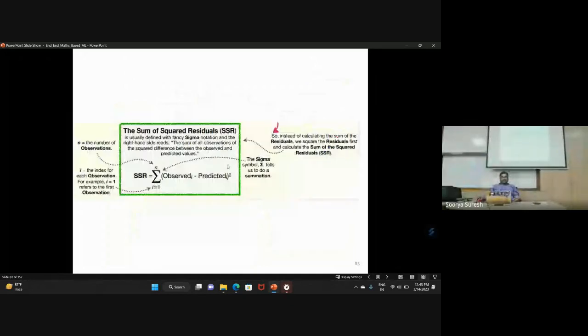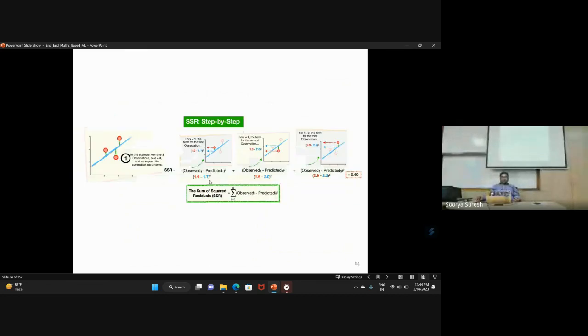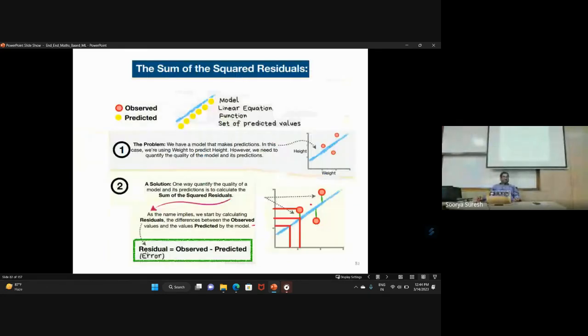There is one more metric we call the sum of squared error, or sum of squared residuals. It is nothing but computing the square of the error, and if we add it for all the data points, we get the SSR, where n represents the number of observations. So why do we need to square the error, or why can't we use the same residual error, observed minus predicted?